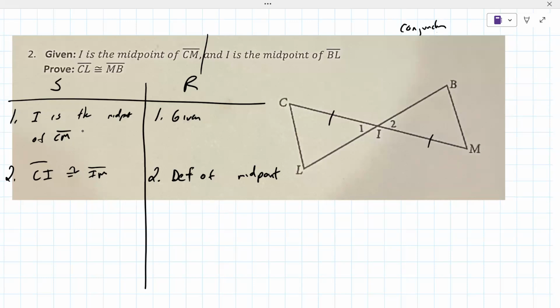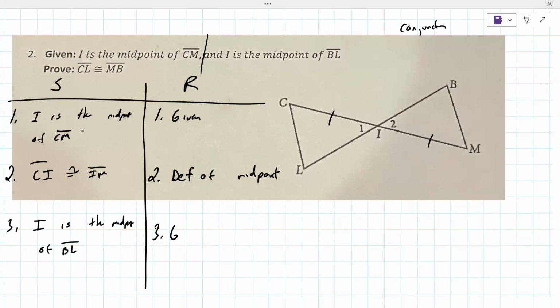All right, now let's go to the other given. I is the midpoint of BL. I is the midpoint of BL. What does that mean?